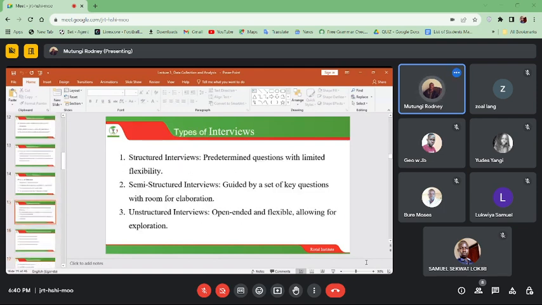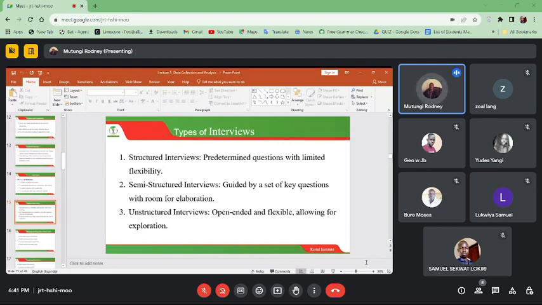And then the types include structured, semi-structured, and then unstructured. Structured, like we had said, you have those questions which are already predetermined and you can't change a lot. Semi-structured can have a mixture of the two. You have those which are already predetermined, and then you can also always have room for elaboration and to write what someone feels like they should tell you.